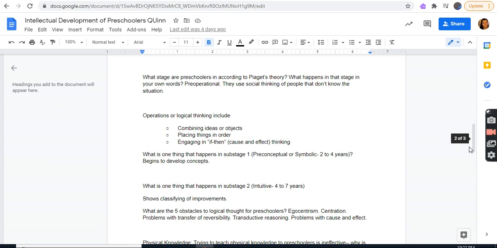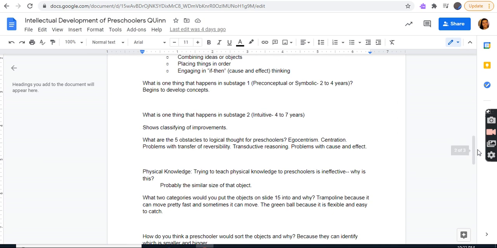Preconceptual or symbolic, 2 to 4 years: begins to develop concepts. What is one thing that happens in substage 2? Intuitive, 4 to 7 years. I don't even know if I'm pronouncing this right. Shows classifying improvements.